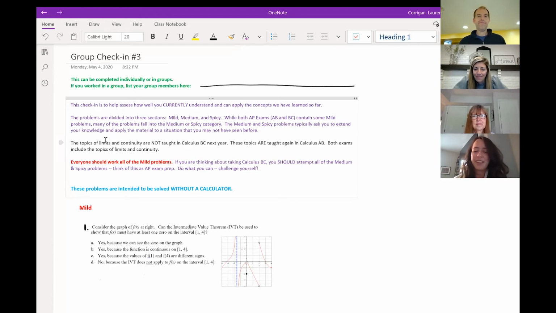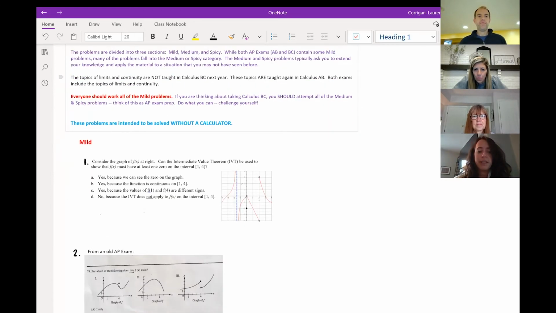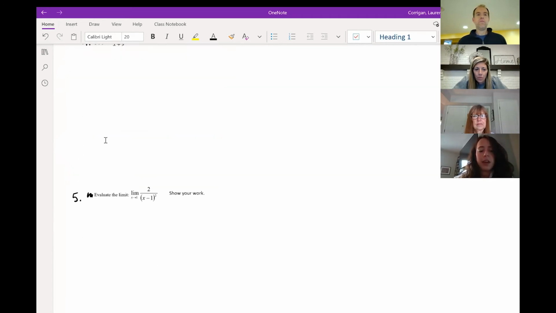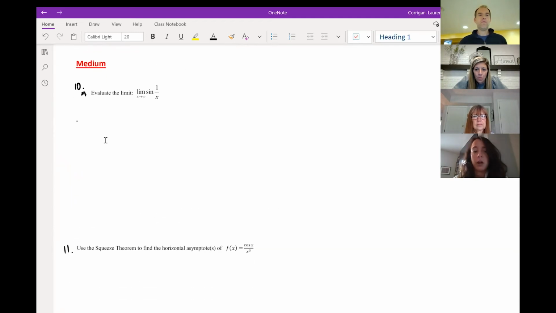For these different check-ins, the students are required to complete the mild problems. Mild problems are things that I expect all of these Honors PreCalc students to be able to understand, things that they're going to need and have to use in AP Calc AB or BC. The medium and spicy problems are optional.